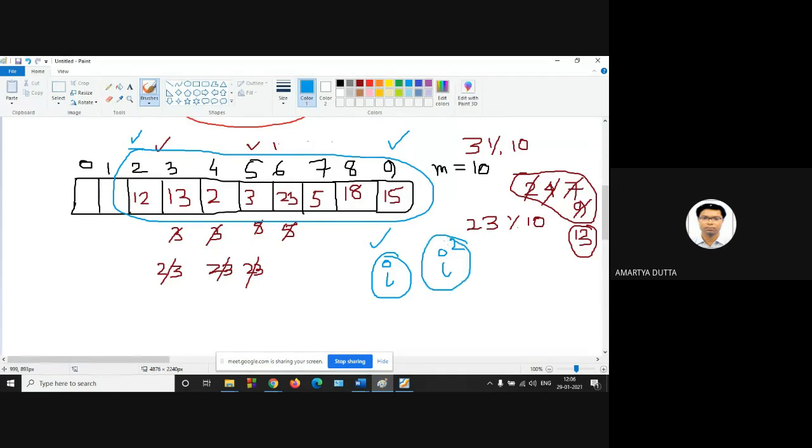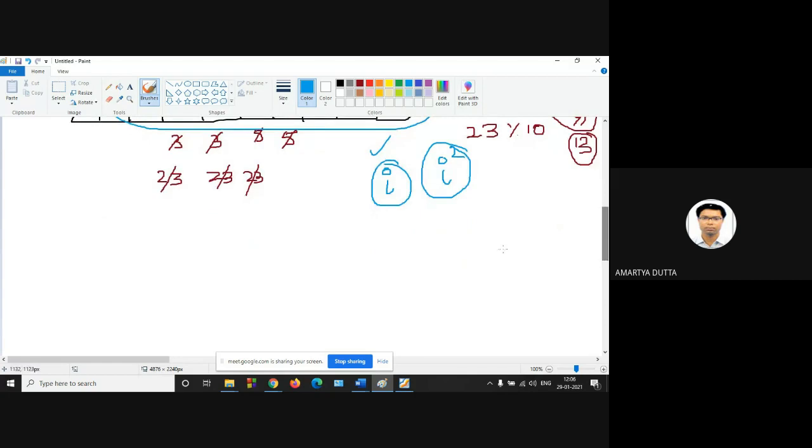So for quadratic probing, the hash function is hk plus i squared, that is, (hk plus i squared) mod m.